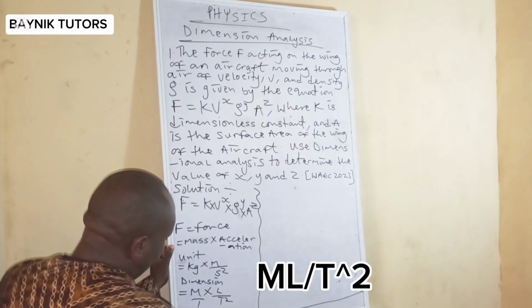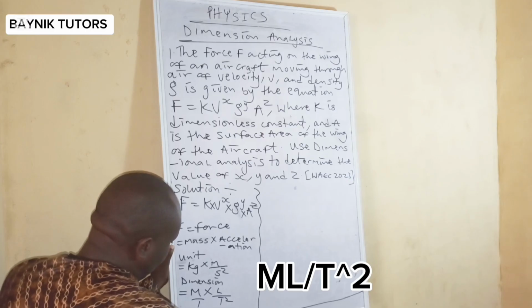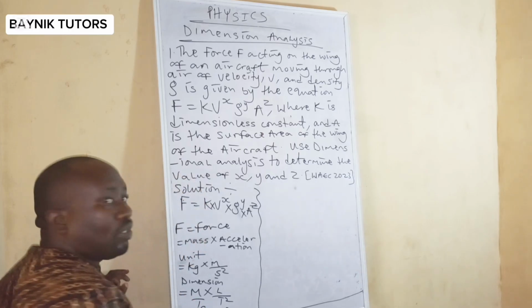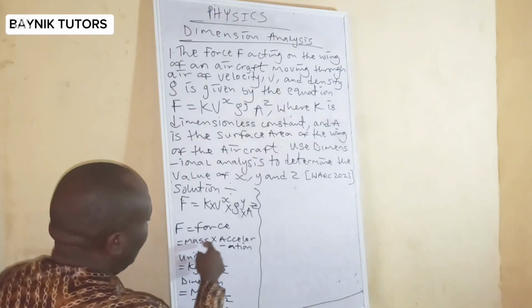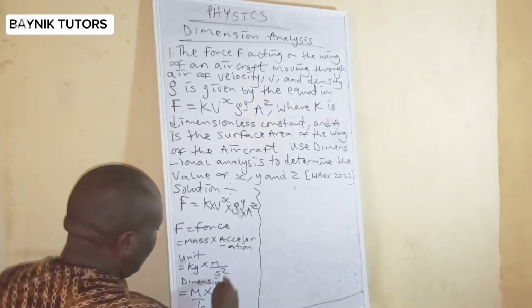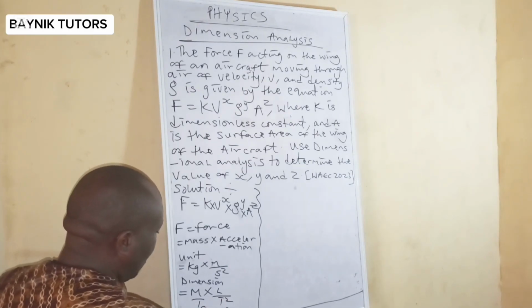So over 1, my F under dimension will now be M L over T raised to power 2. Okay, that's settled. That's for the force. So that's the conversion. Force is mass and acceleration. My mass is kg, my acceleration is meter per second square. So this is M over 1 times L over T square. F is M L over T square.